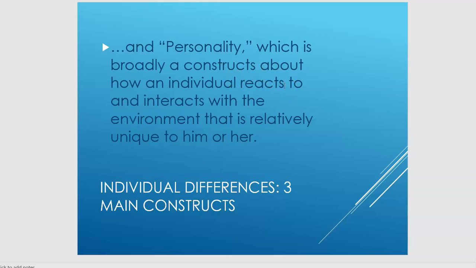And broadly, when we're talking about personality, we're trying to describe how an individual reacts to and interacts with the environment in a way that is relatively unique and consistent through time and across situations to him or her. So that's what this five-factor model that I asked you to take was all about.